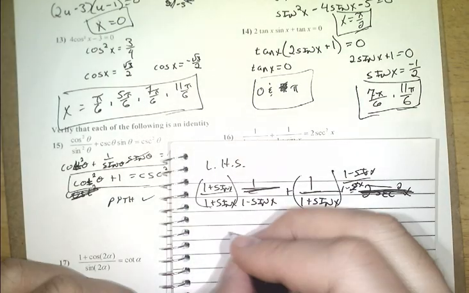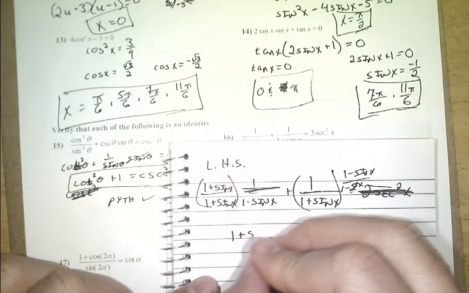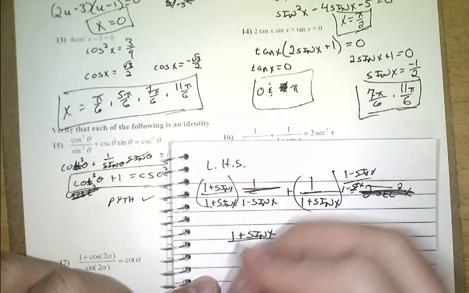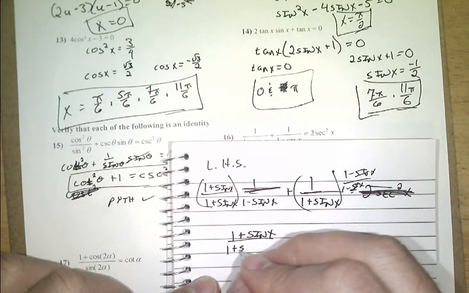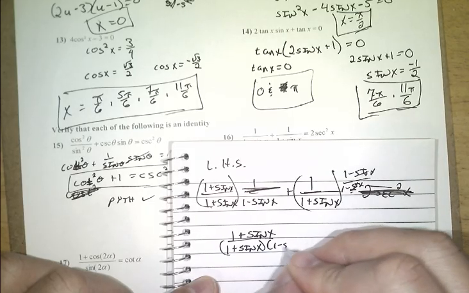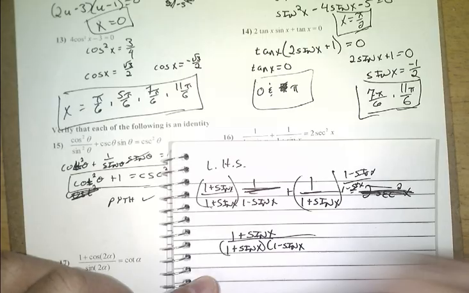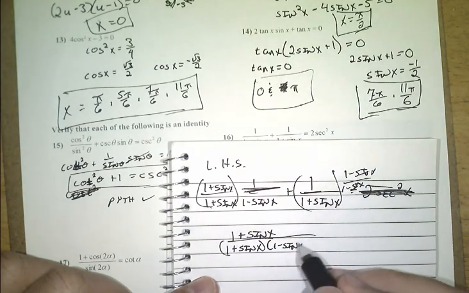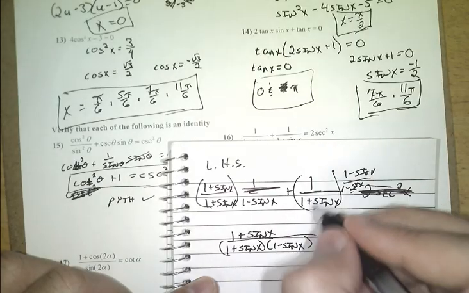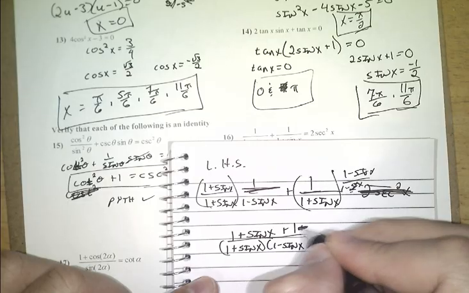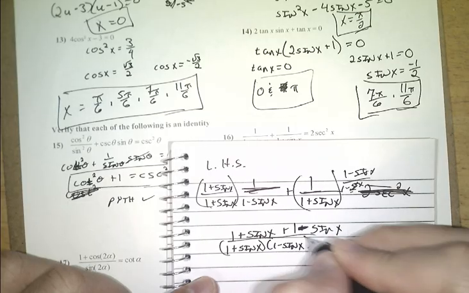So what I get there is 1 plus sine x over 1 plus sine x times 1 minus sine x. And this is going to be 1 minus sine x over 1 plus sine x times 1 minus sine x, the same common denominators, which means I can combine the numerators.